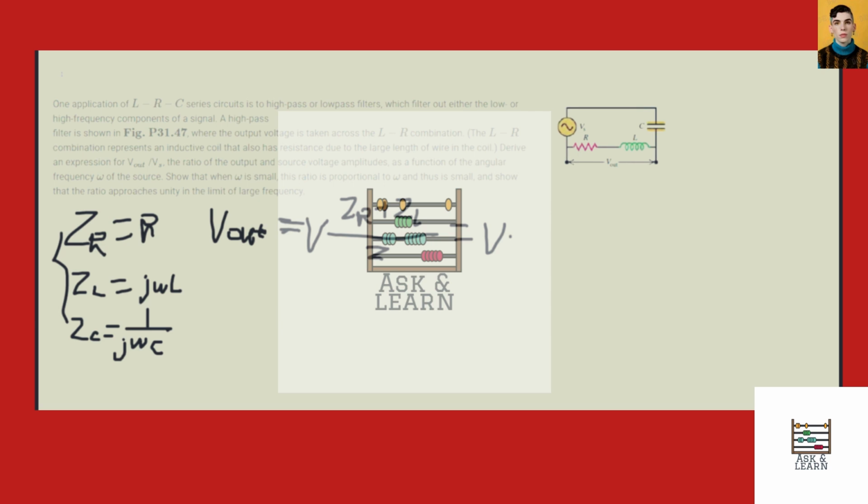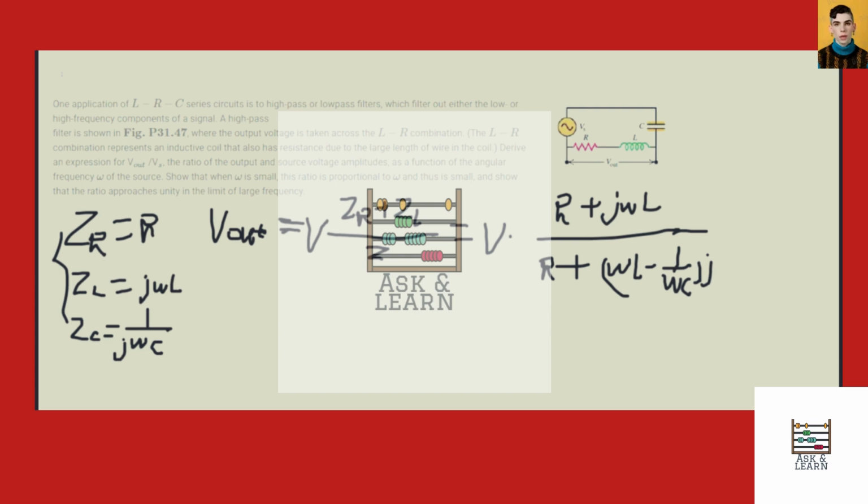So it equals V times (R plus j omega L) over (R plus (omega L minus 1 over omega C) times j).